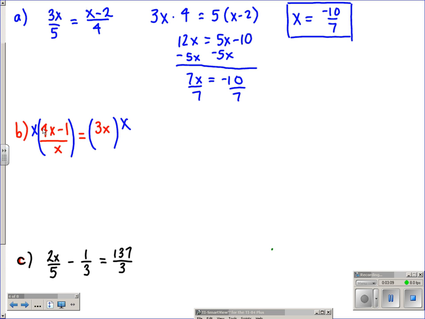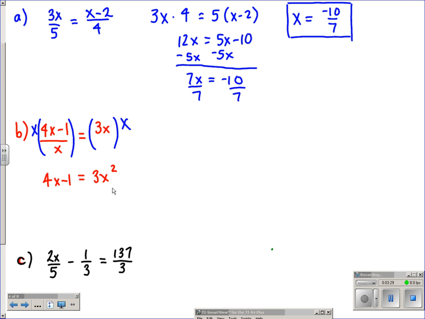So when I multiply 4x minus 1 times an x and then divide it by an x, those are inverse operations. And that should leave us with 4x minus 1. And 3x times x should give us 3x squared.